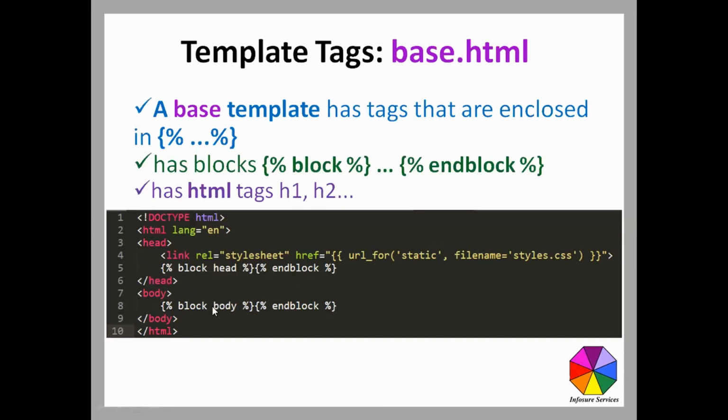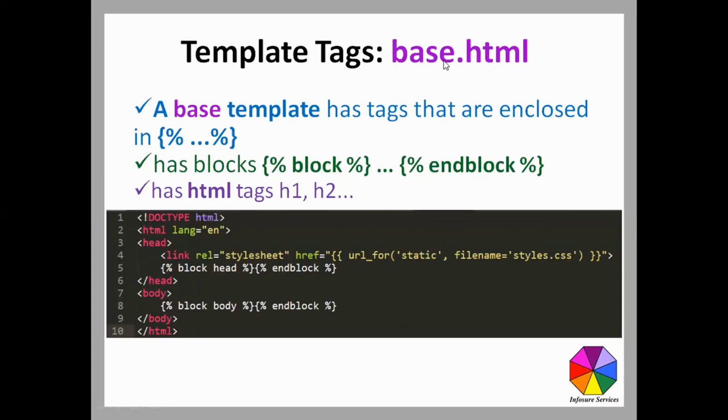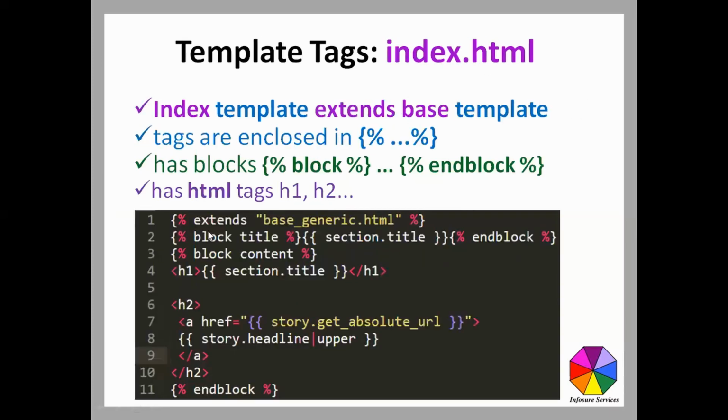With this block syntax, they have reduced the default HTML, head and body tags by just parking them in that base HTML. When you go into the exact HTML, in this case a home page, the typical naming convention is index.html. You just spell the first line of code as extends that particular template.